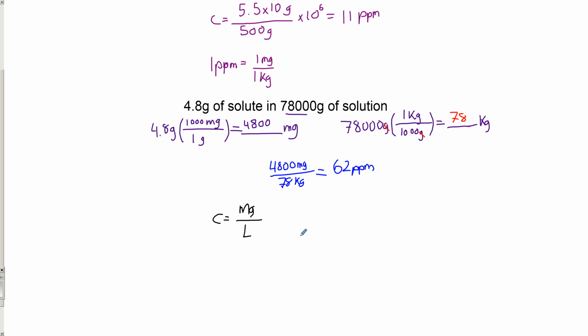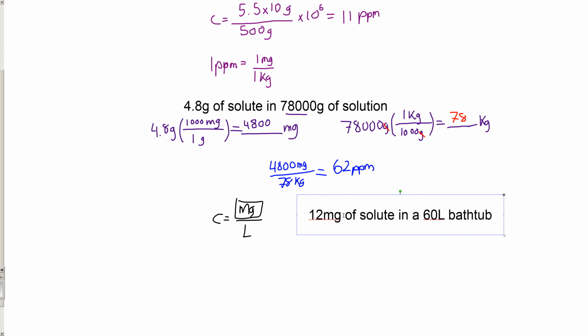So all we need to do in order to get that to work is to convert our mass to milligrams and make sure that our volume is in liters. So here's an example question. 12 milligrams of solute in a 60-liter bathtub. I actually don't know how many liters a bathtub is.